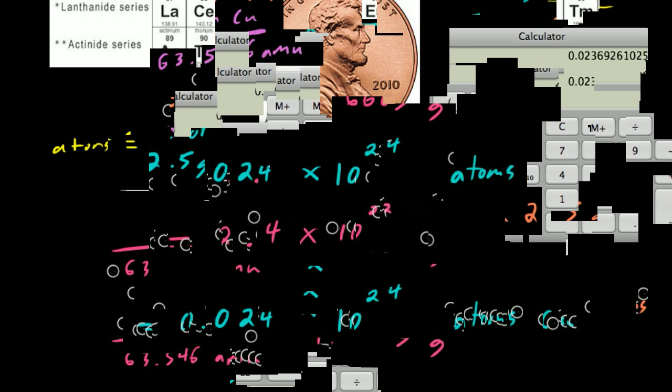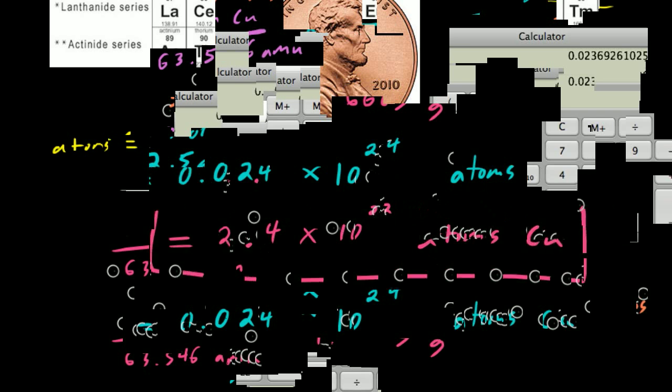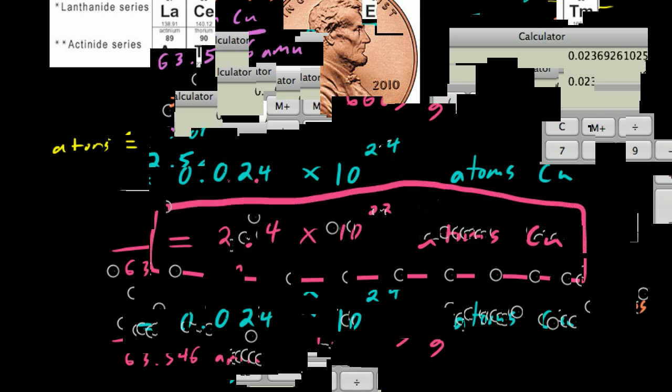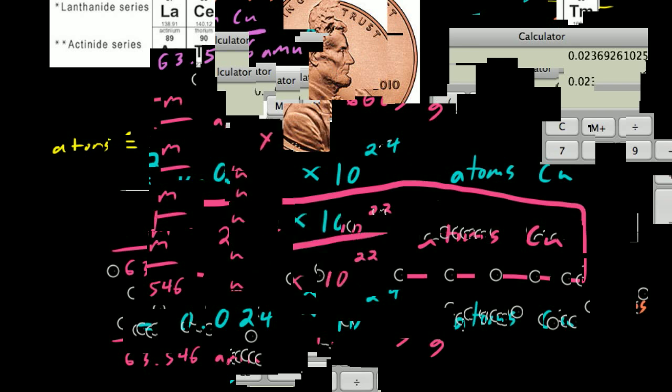So we would say times 10 to the 22nd atoms of copper. And this would be our final answer for how many atoms of copper we have in this penny based on the mass.